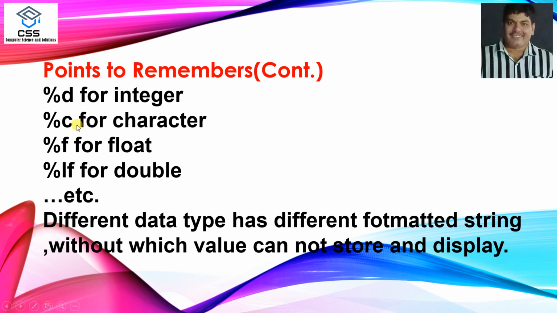If we want to store A, B, C type of data, then we can take the formatted string %c. Without these formatted strings, any input and output operation cannot be done on the screen, like storing the value and accessing the value. So different data types have different formatted strings, without which the value cannot be stored and displayed.